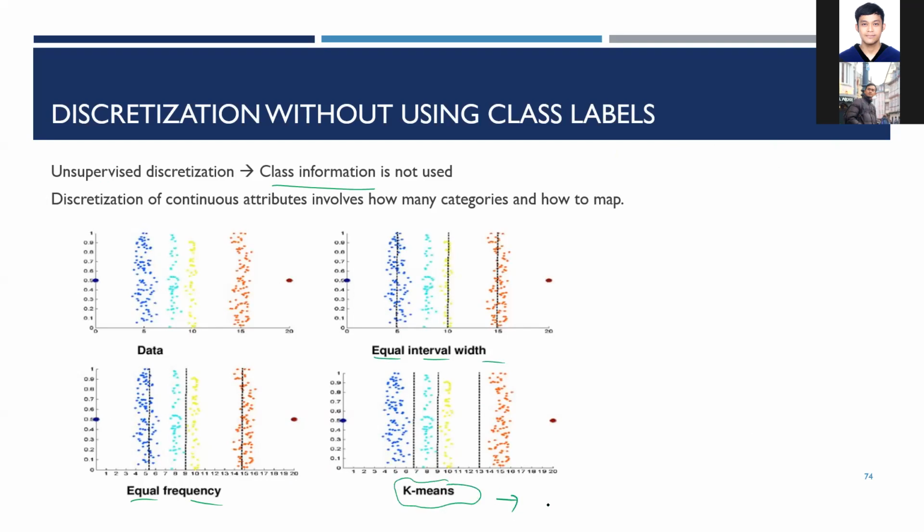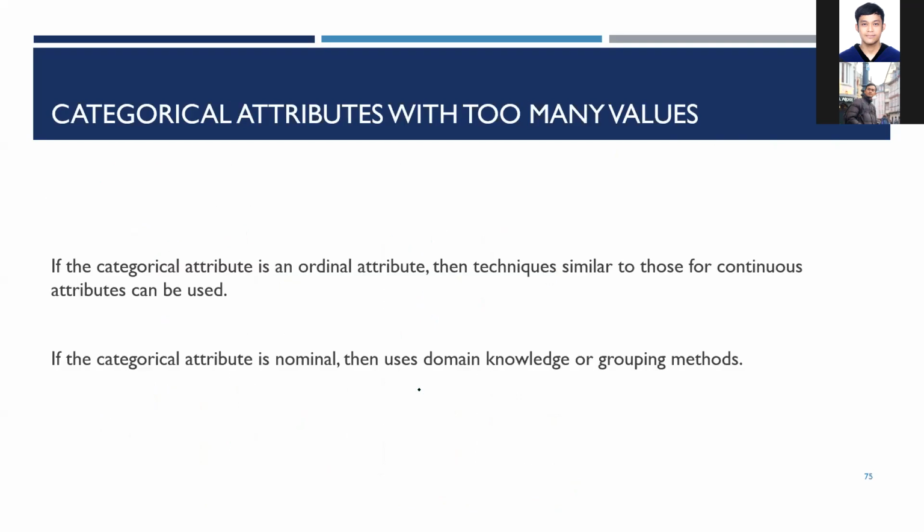But this one will be learned when we learn about clustering. So we can also use k-means to discretize our data. For categorical attributes with too many values, it is better to categorize them into a smaller range of values.